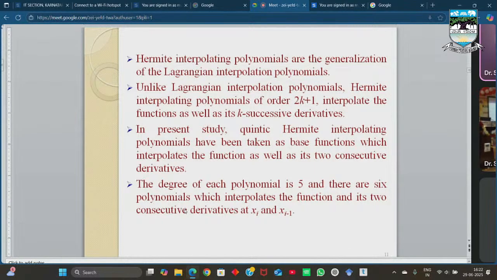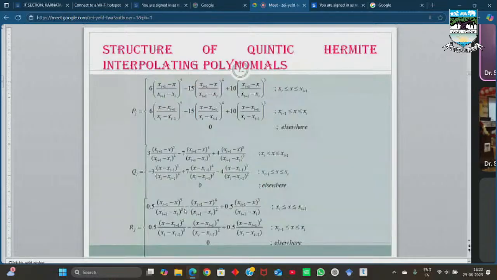So I have taken the quintic Hermite interpolating polynomials as the base functions which interpolate the function as well as its two consecutive derivatives. As these polynomials are quintic in nature, each polynomial is of degree 5. And there are a total of 6 polynomials which interpolate the function and its two consecutive derivatives at the points xi and xi minus 1. This is the structure of quintic Hermite splines.